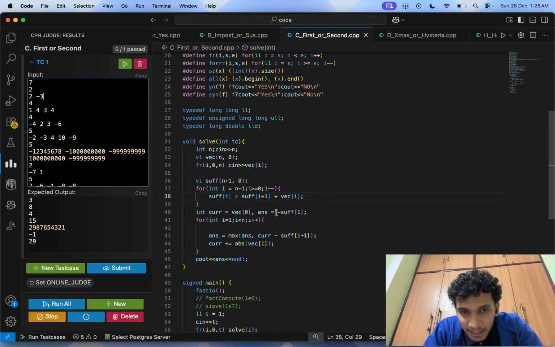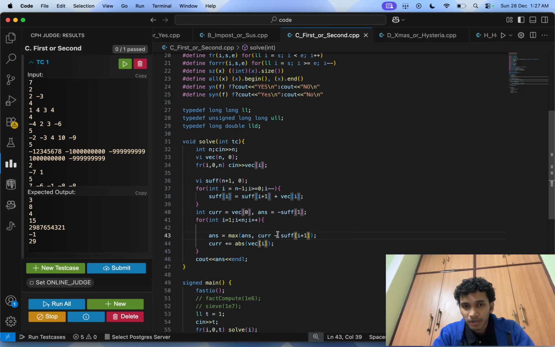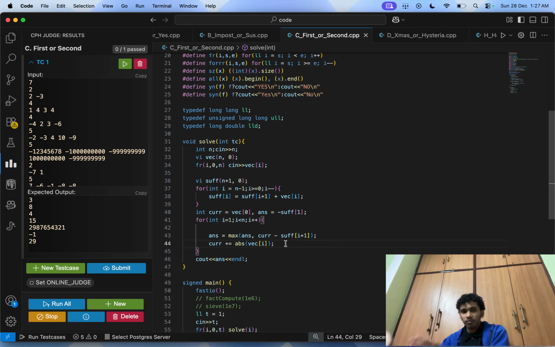For second index, the prefix value is vec at 0, that is the very first index that is added. And apart from first index, the second index onwards, all the elements are subtracted. So minus suffix of I plus 1. Now in the prefix, the current index need to be added with absolute value. Why absolute value? If it is positive, we add it.